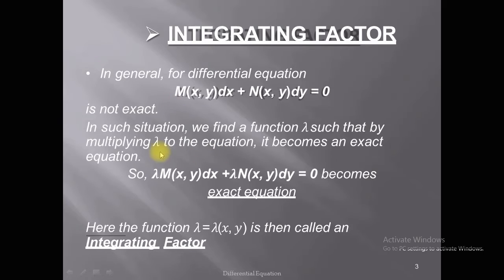So multiplying this integrating factor lambda to the given differential equation, it becomes lambda M, where M is a function of x and y, dx, plus lambda N, where N is a function of x and y, dy equals 0. This equation becomes an exact equation. Here this function lambda, which is a function of x and y, is then called an integrating factor.